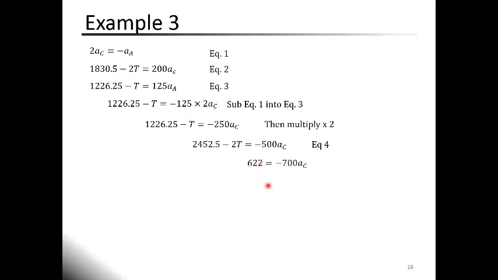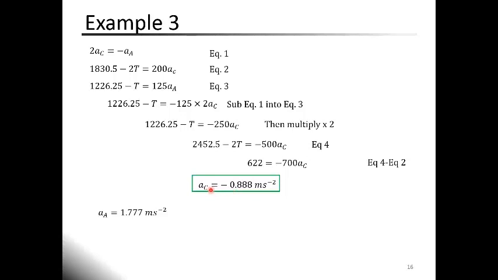So if you subtract equation number 4 from equation number 2, you get here the AC, which is the acceleration of the log, which is negative 0.888 meters per second squared. So this is our first unknown, the acceleration of the log.